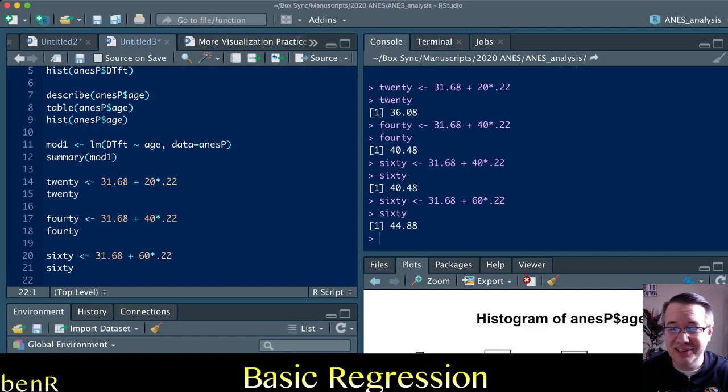It explains a very small amount of variance. And when you look at the nature of the effect, going 40 years in age, basically 2 full generations, you would only change your guess of somebody's evaluation of Donald Trump by 8 or 9 points on that feeling thermometer scale.